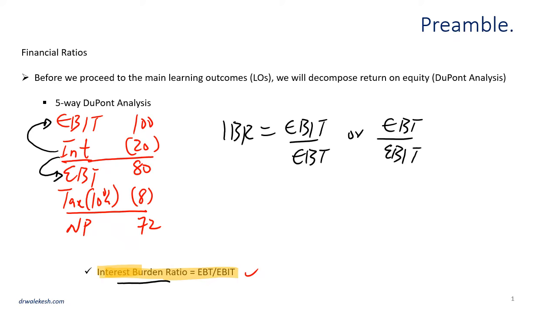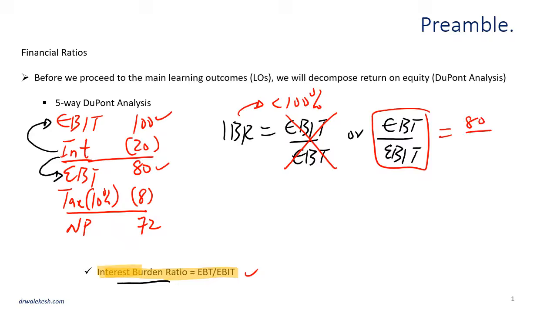Since we agreed that the interest burden ratio would be less than 100%, then the formula would obviously be this. So it cannot be this. So from here, what is EBT? EBT is 80, EBIT is 100. That implies that the interest burden ratio would be 80%.